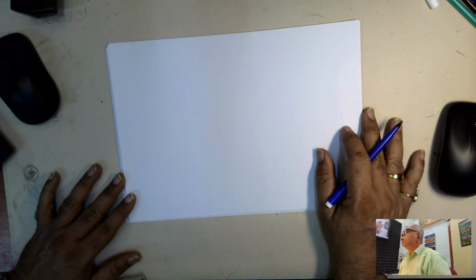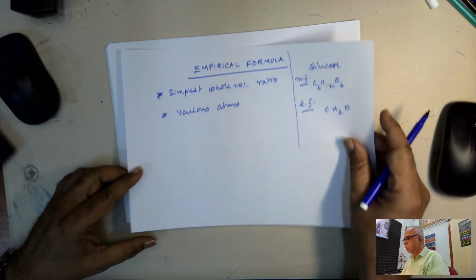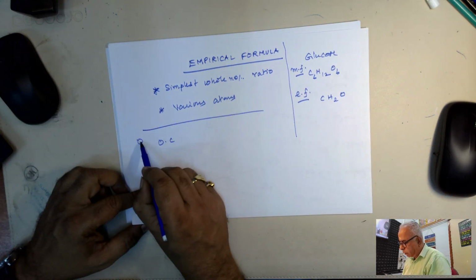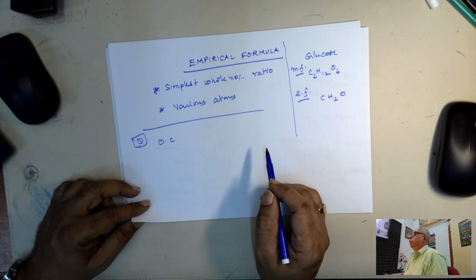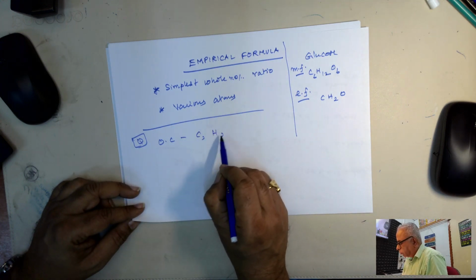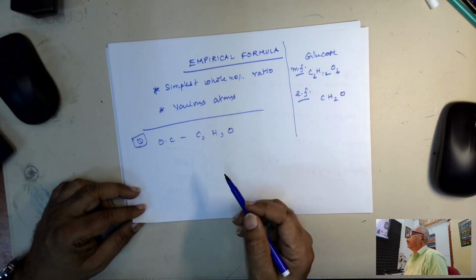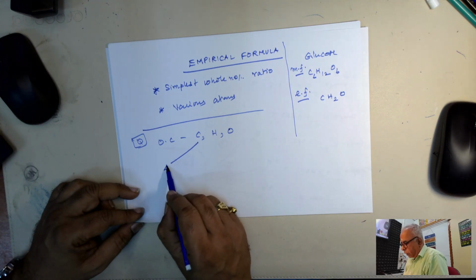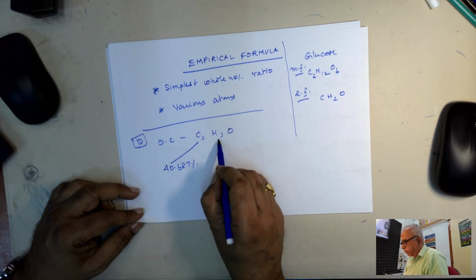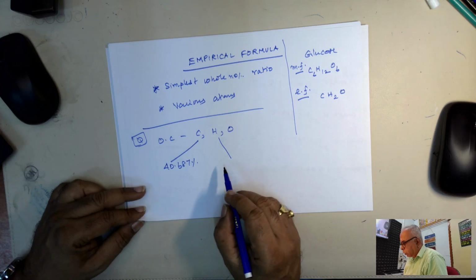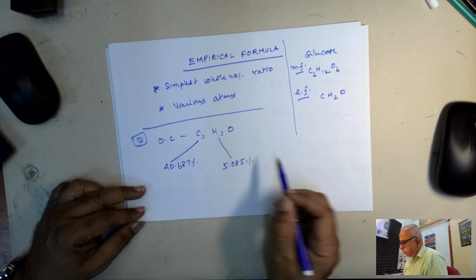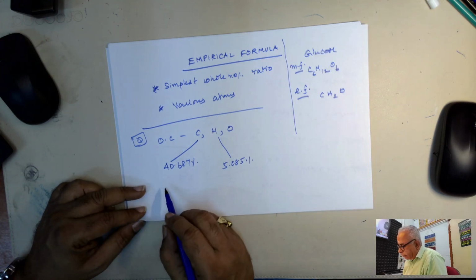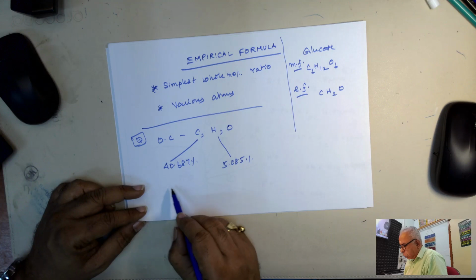An organic substance containing carbon, hydrogen, oxygen gave the percentage composition as carbon is equal to 40.687%, hydrogen 5.085%, and they have given an additional parameter, that is some data called vapor density.